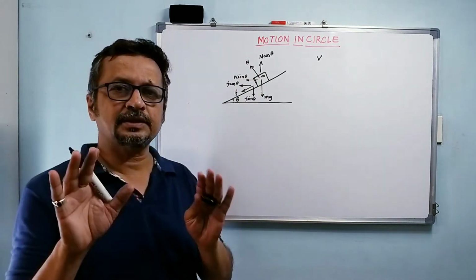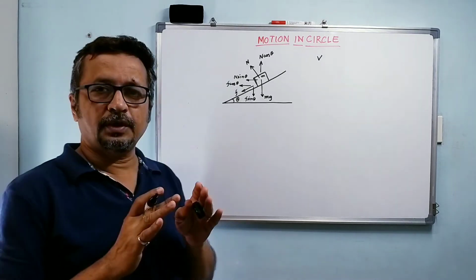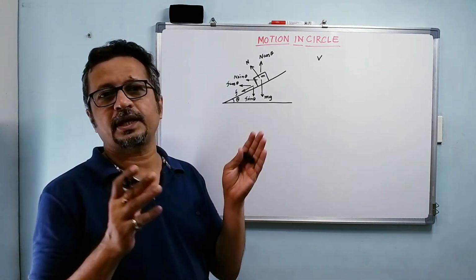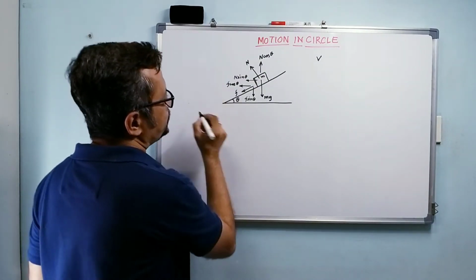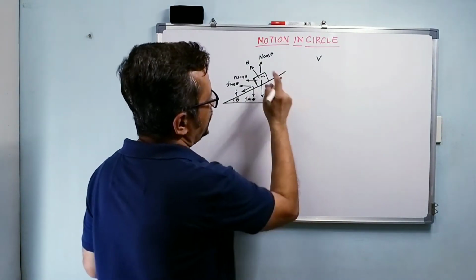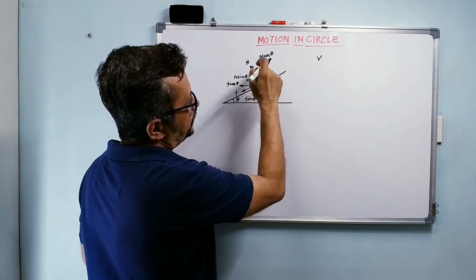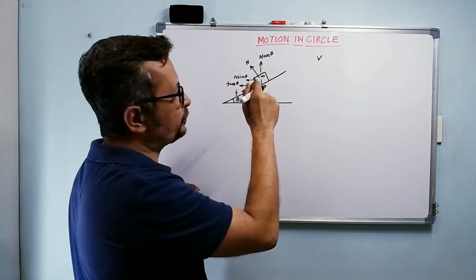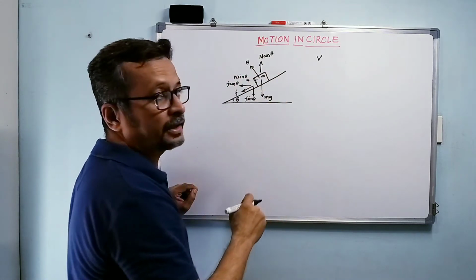Okay, so let us consider equilibrium. So total force in the vertical direction and total force in the horizontal direction. N cos theta is in upward direction, mg is downward, and F sin theta is downward.